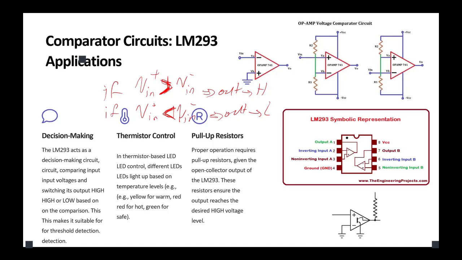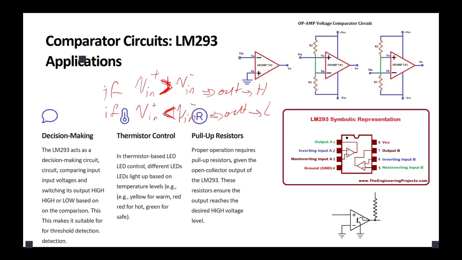Now, here is something important. In a normal amplifier circuit, we use feedback. We take some of the output and send it back to the input to stabilize things. But in a comparator, we do not use feedback. No resistors looping back, no negative feedback, nothing. Why? Because the feedback basically tries to balance the two inputs.